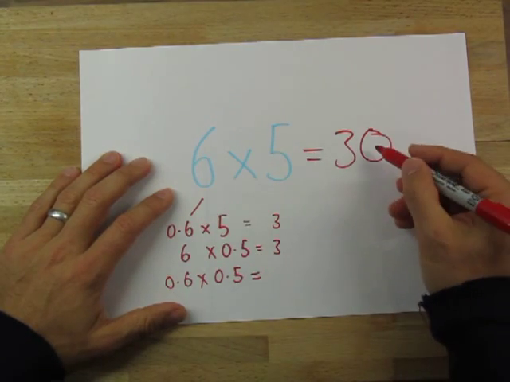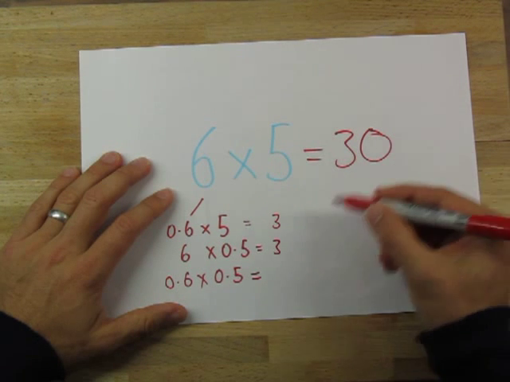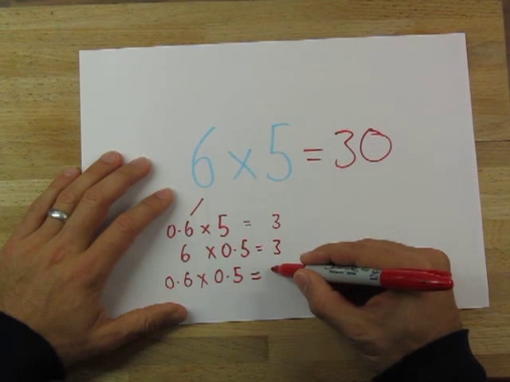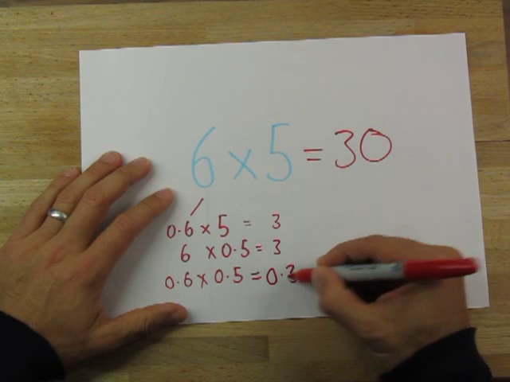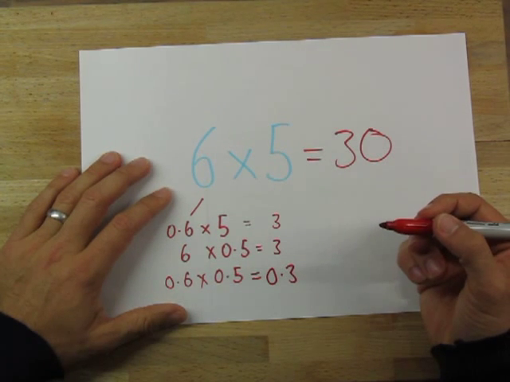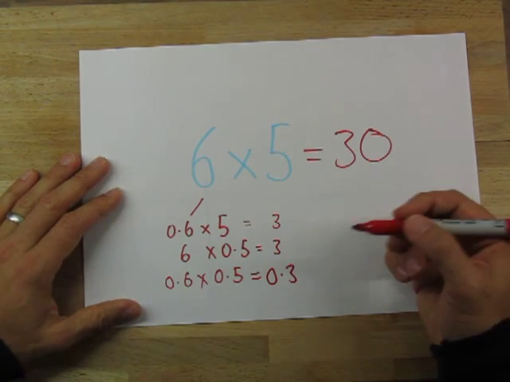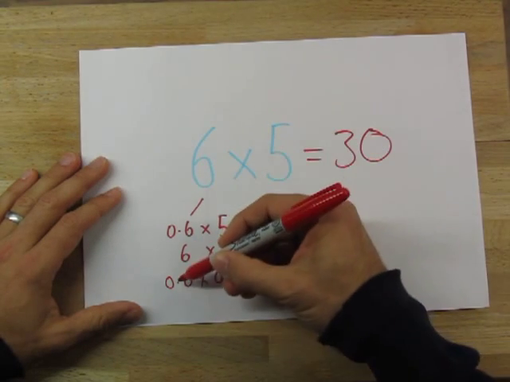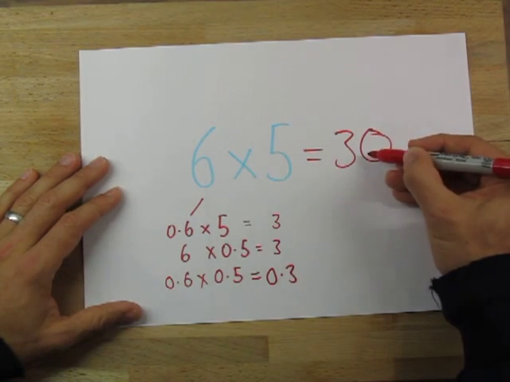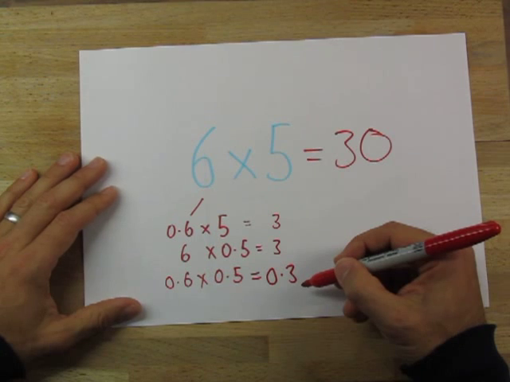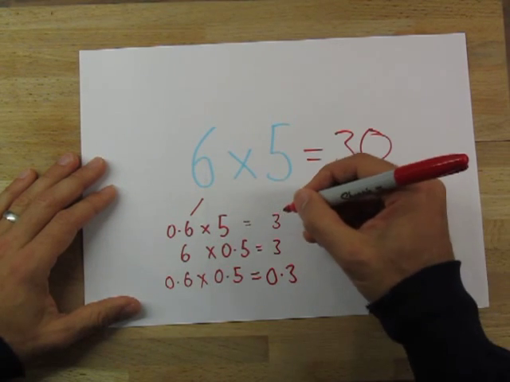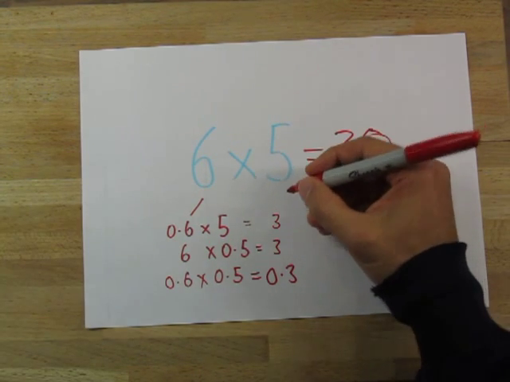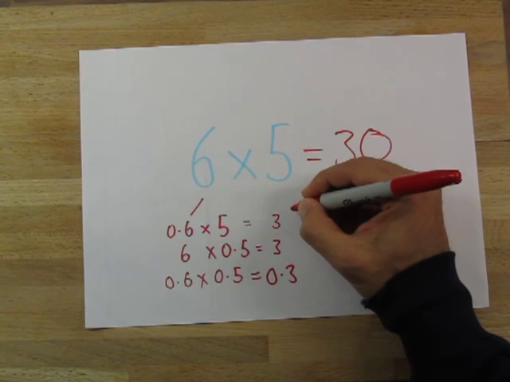Can you do that? 0.3. Well, that's quite interesting. So we made that 10 times smaller, made that 10 times smaller, made the answer 100 times smaller, in fact. Now this could be useful for division in particular.